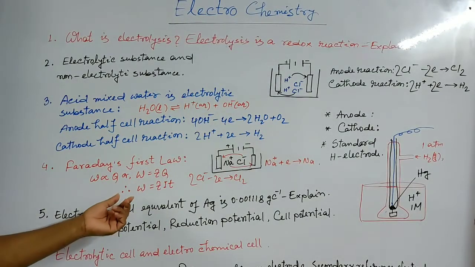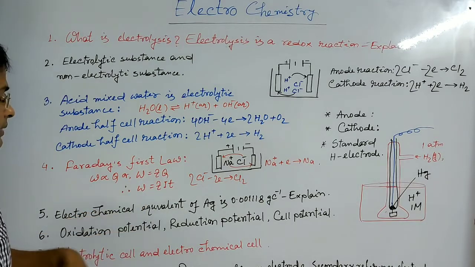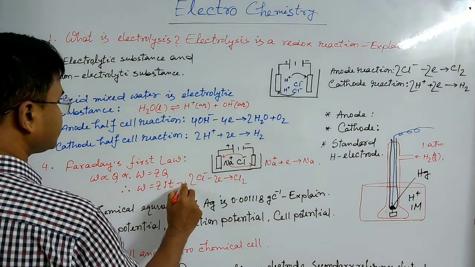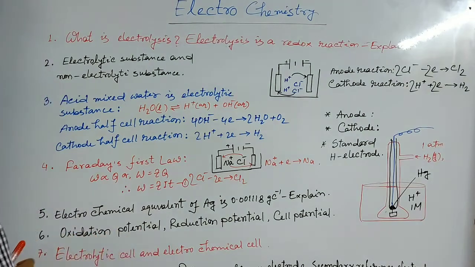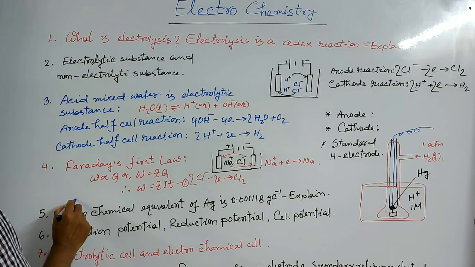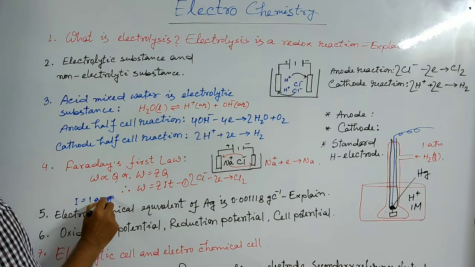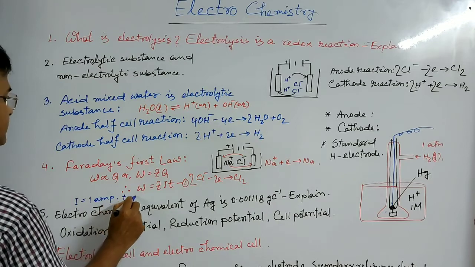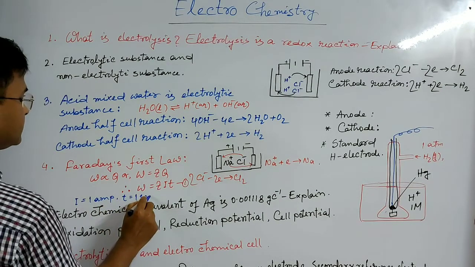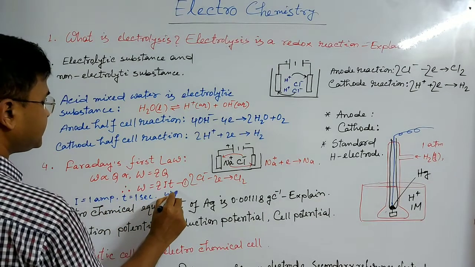So my dear students, I can give an example of electrochemical equivalent. If this is equation 1, if I consider I equals 1 ampere and T equals 1 second, then W equals Z.